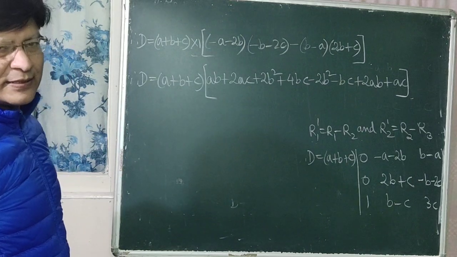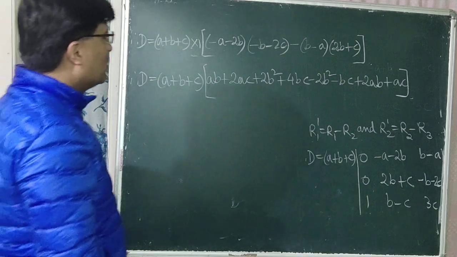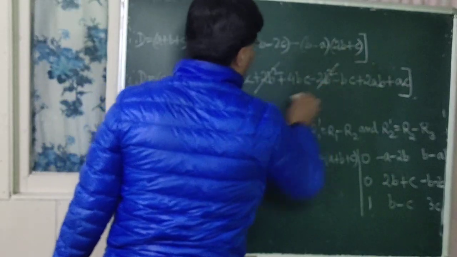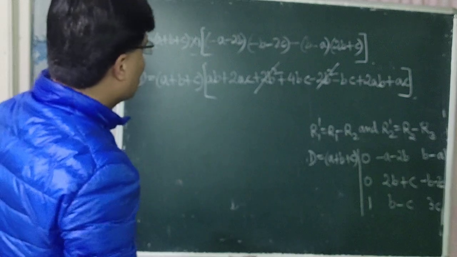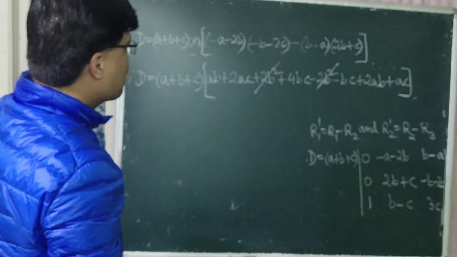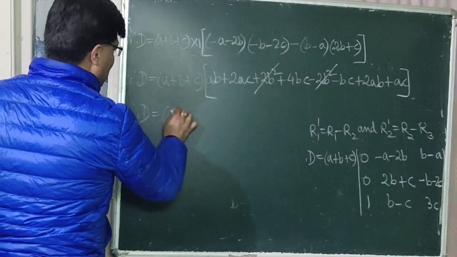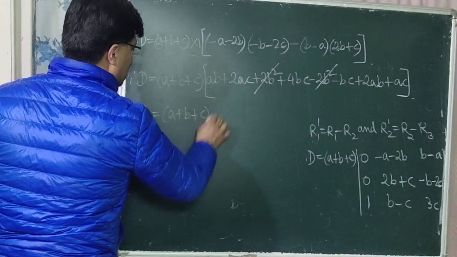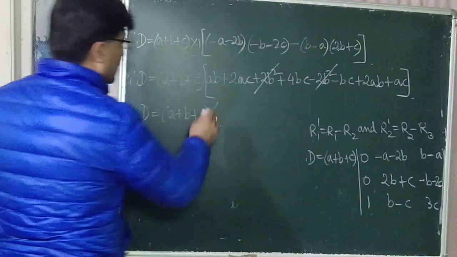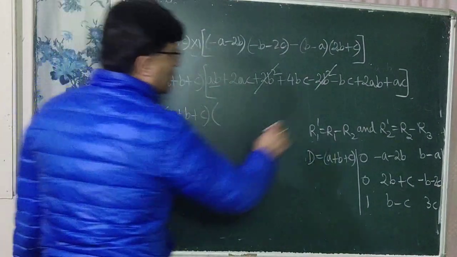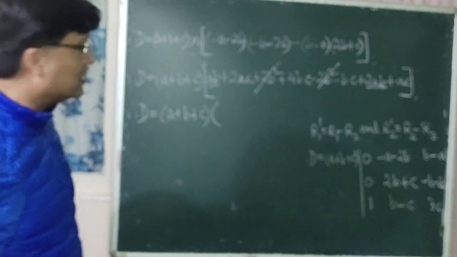You can check it. So now 2B square gets cancelled. Or does it not cancel here? So therefore D is equal to A plus B plus C into. Now this AB plus 2AB, these are similar terms, can be added. Same sign can be added.